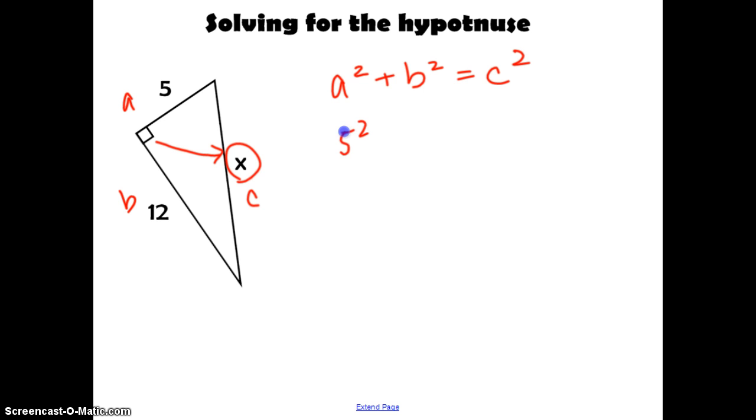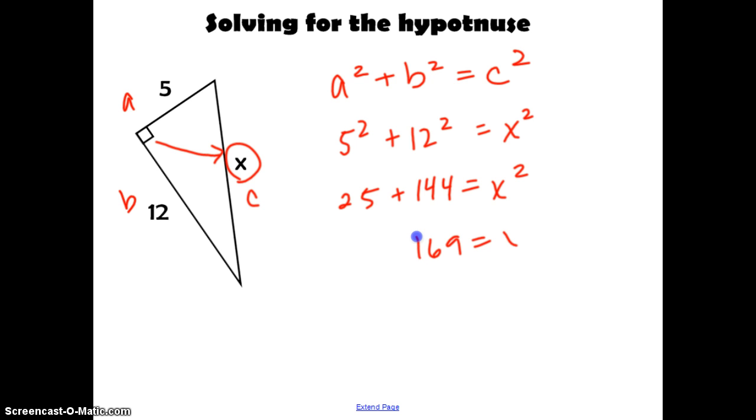A is 5, B is 12, and our C is actually going to be our X. So we're going to square 5 to get 25. 12 squared is 144, and that gives us x squared.